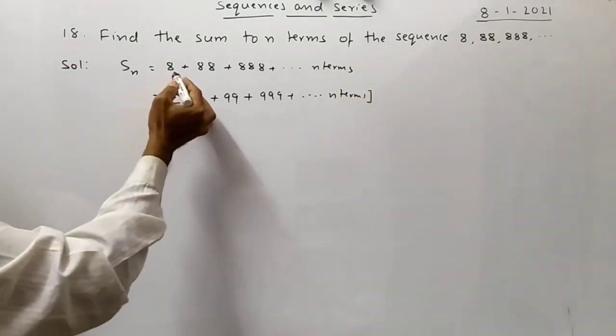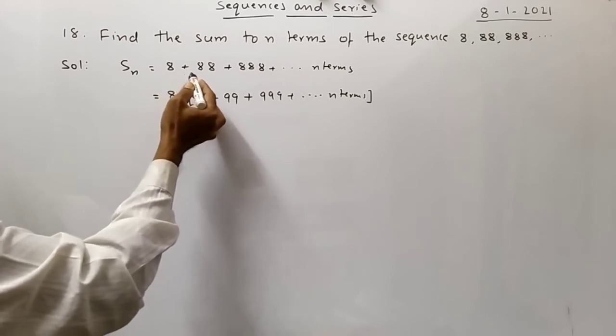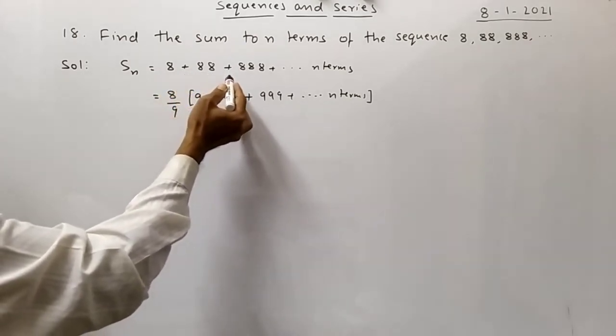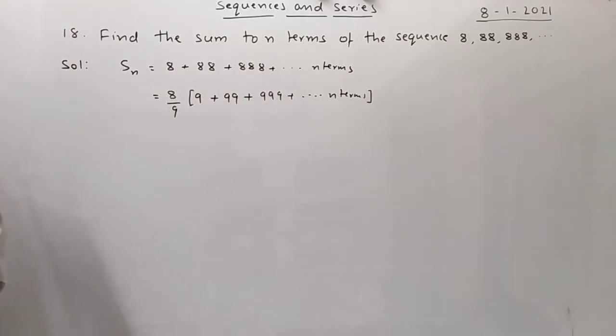Because when you take 8 common, then you will get 1 1 1 plus 1 1 1 plus and so on.